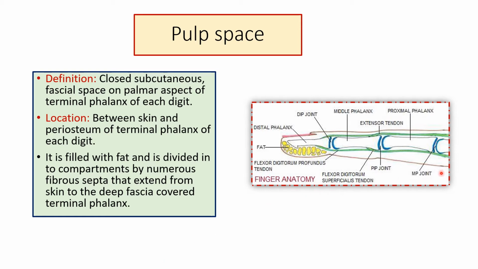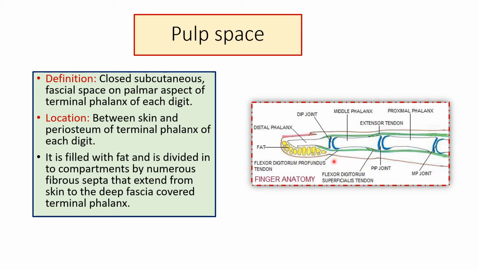In this picture, you can see one digit and the arrangement of the phalanges: the proximal, middle and terminal phalanx. This is the dorsal aspect of the digit and this is the palmar aspect.